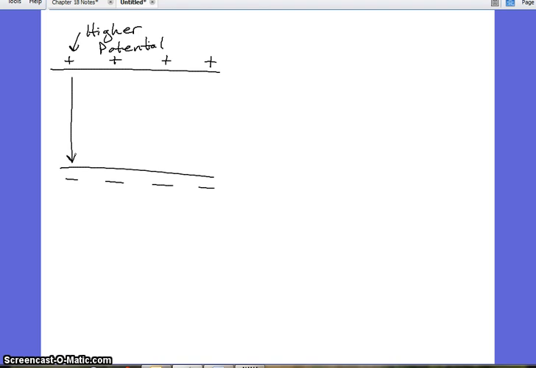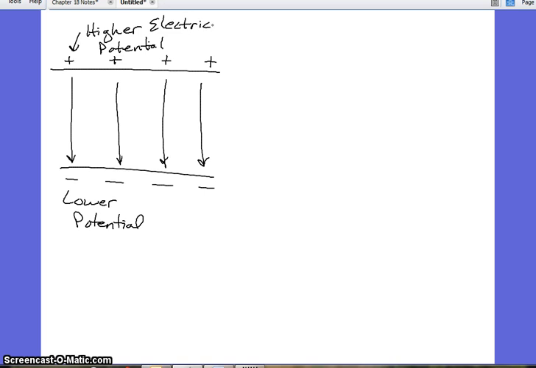And the electric field, in this case not a gravitational field, points towards the lower potential. Again, it's not an energy because there is no charge, but it's a potential of some sort. We call this the electric potential, and we abbreviate the electric potential with the symbol V.